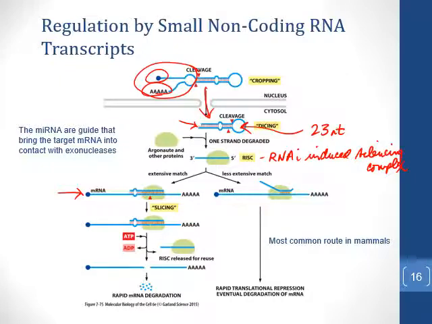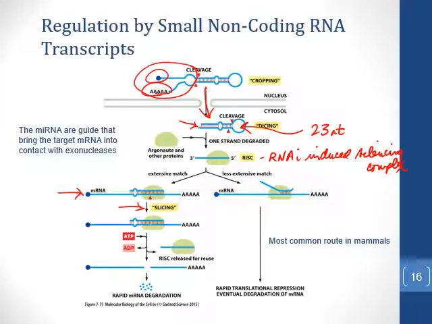complex. Okay, now once the target mRNA, the Argonaute and all the other associated proteins, and the single-stranded RNA are incorporated into this RISC complex, then what happens is the target RNA and the microRNA base pair with each other. Now, if base pairing is extensive, in other words, there aren't many mismatches, then what happens is you get slicing.